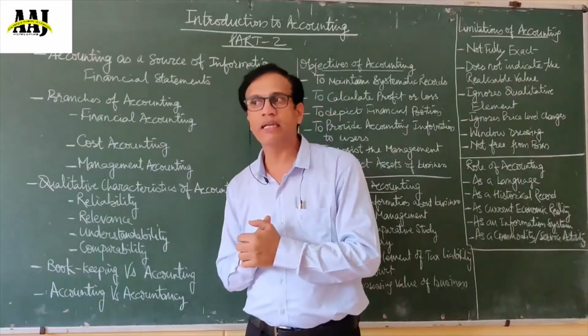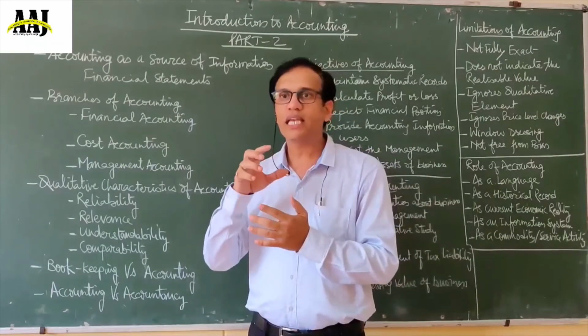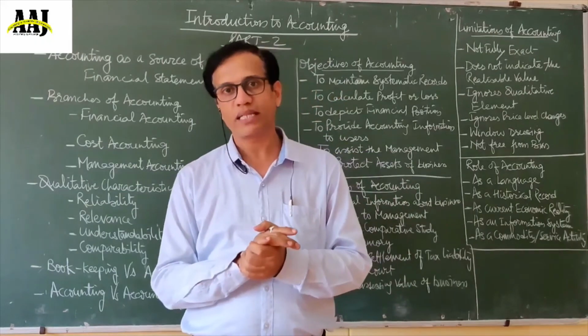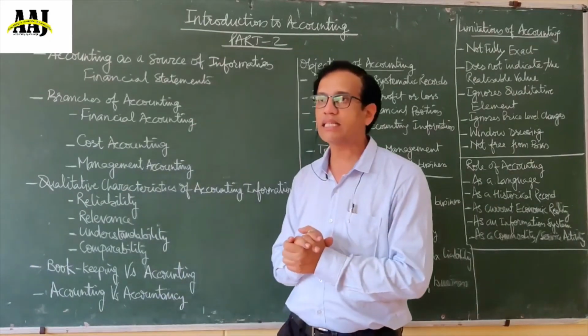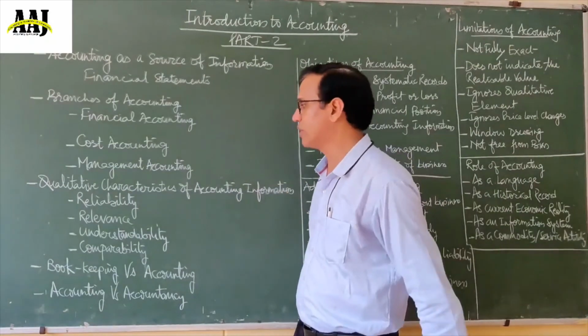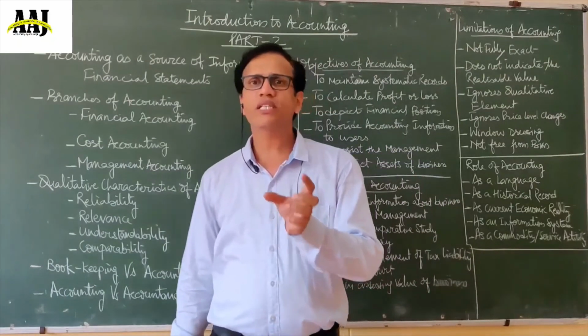First, we prepare the journal and its subsidiary books, and then with the help of the journal and the subsidiary books, another book is prepared that is called the ledger. And in this ledger, we prepare all individual accounts. We maintain all individual accounts. So this is bookkeeping. This is the work which is mechanical in nature.